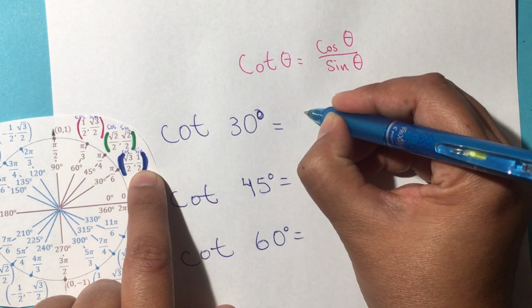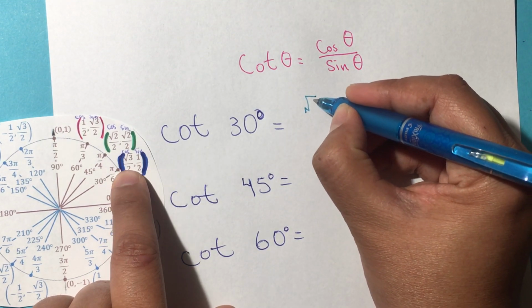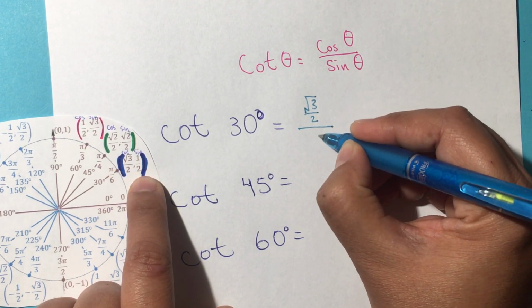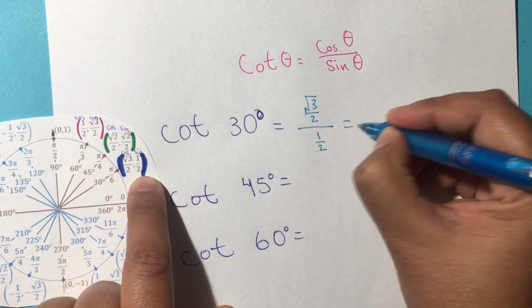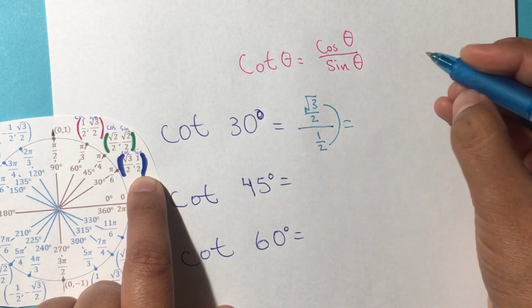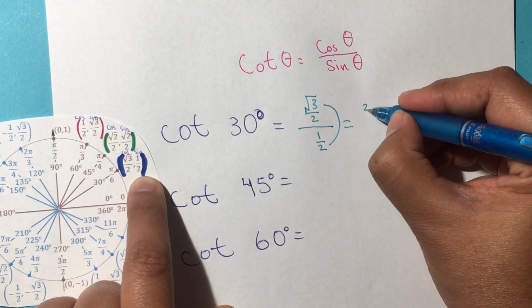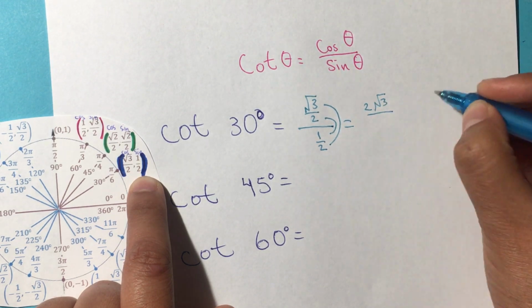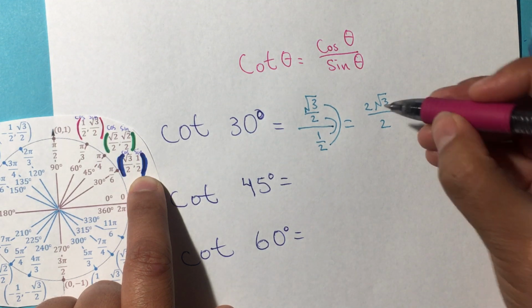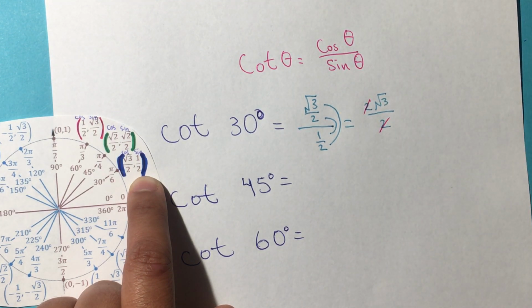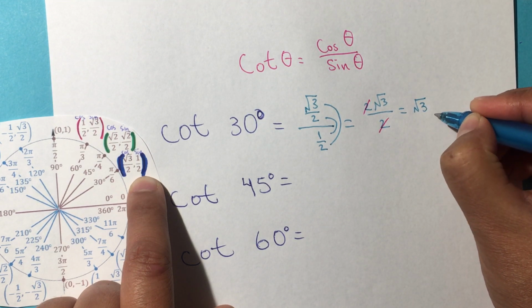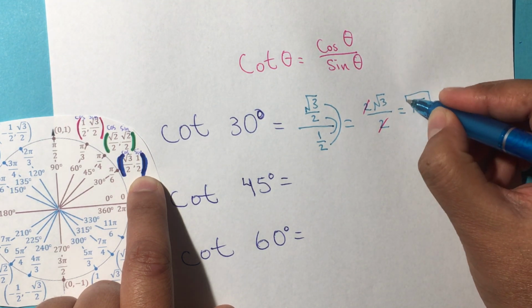The cosine of a 30-degree angle is square root of 3 divided by 2, over 1/2. We multiply the outer values: 2 times square root of 3 is 2 square root of 3, divided by 2 times 1, which is 2. The 2 divided by 2 cancel because it becomes 1, and the square root of 3 times 1 is just square root of 3.